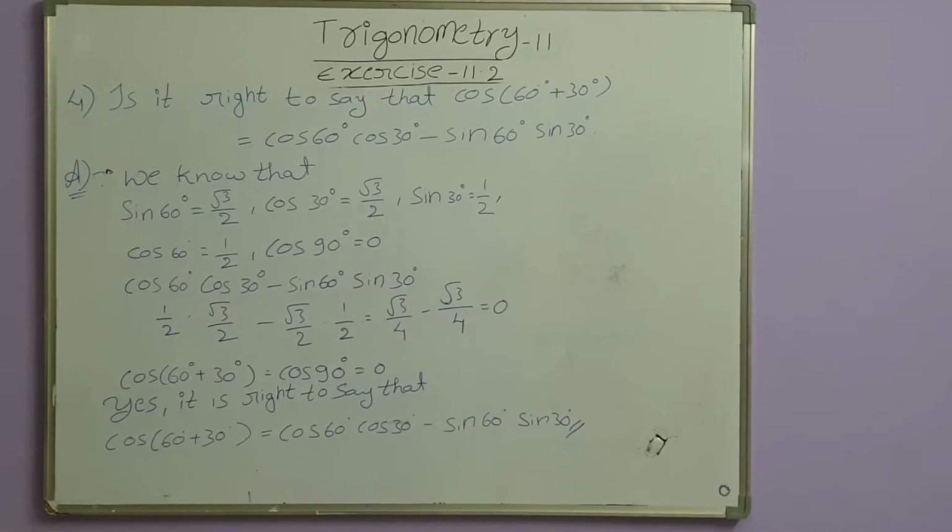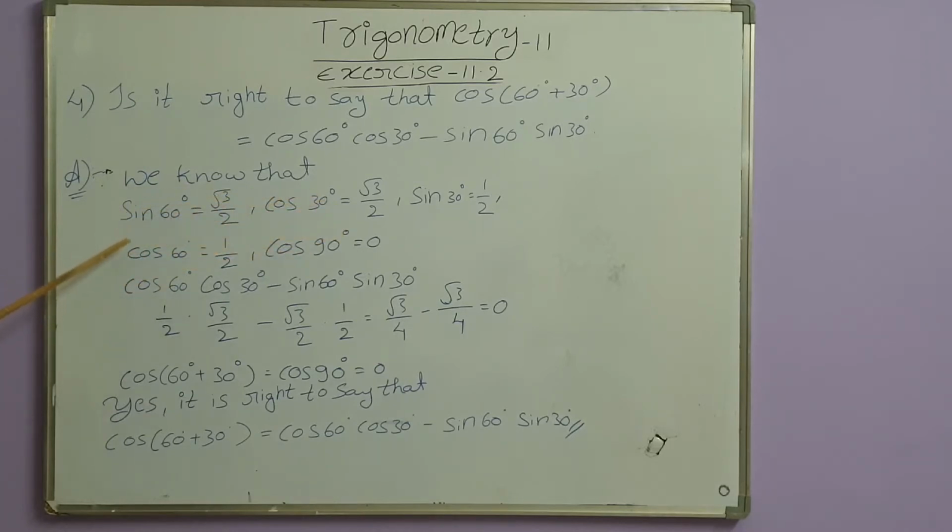In this fifth question, is it right to say that cos of 60 degrees plus 30 degrees is equal to cos 60 degrees into cos 30 degrees minus sin 60 degrees into sin 30 degrees? We know these values. First one, sin 60 degree value is root 3 by 2, cos 30 degree value is root 3 by 2.